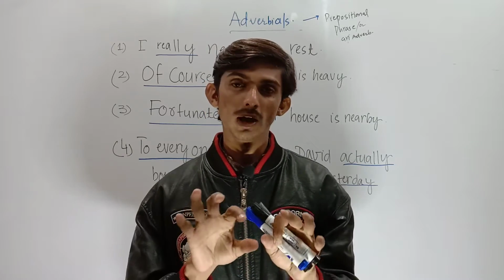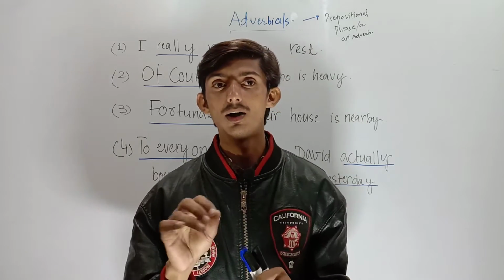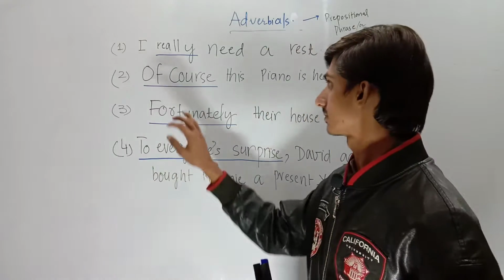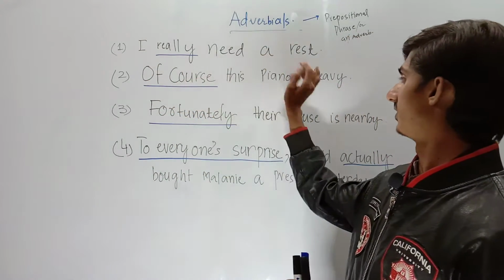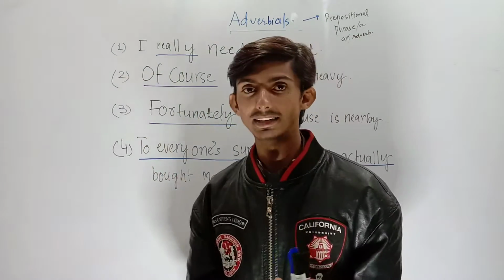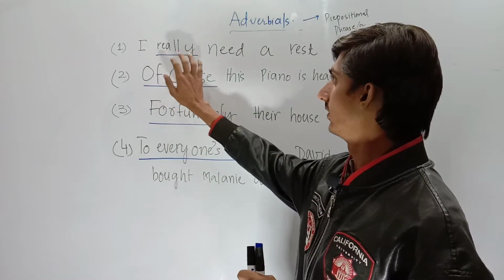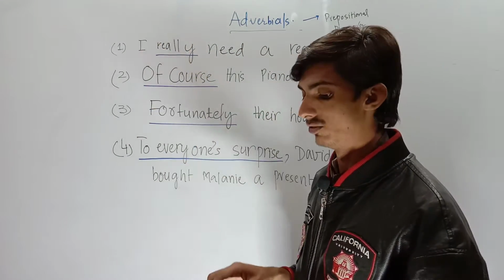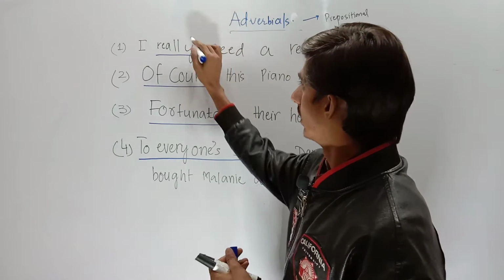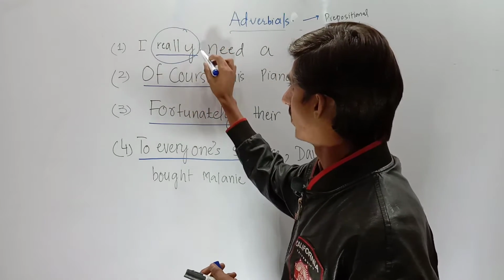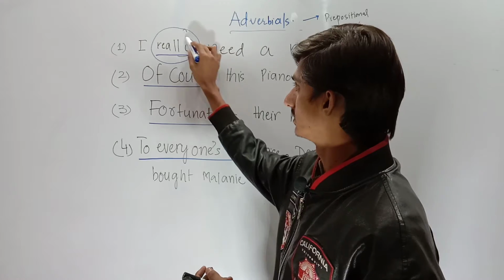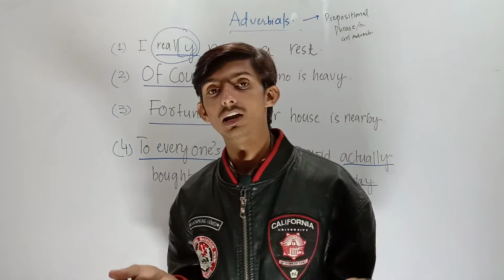So I am going to help you understand how an adverbial is made. I really need a rest. This is the sentence I wrote. "Really" is an adverb, and when "ly" comes at the end, it shows that it is an adverb.